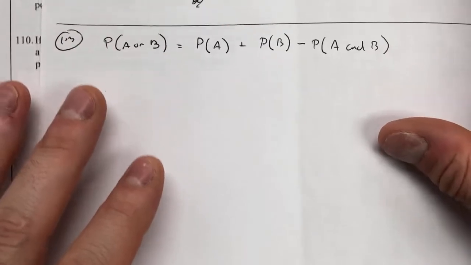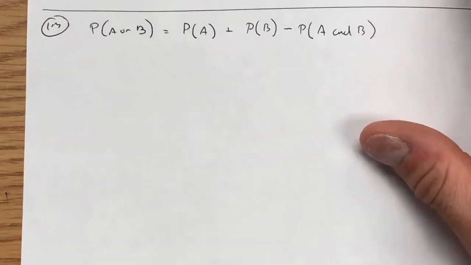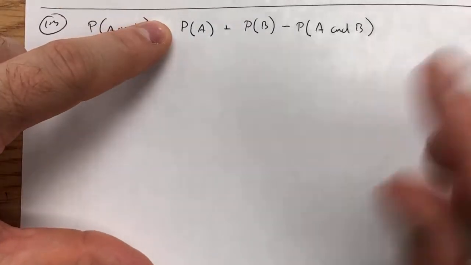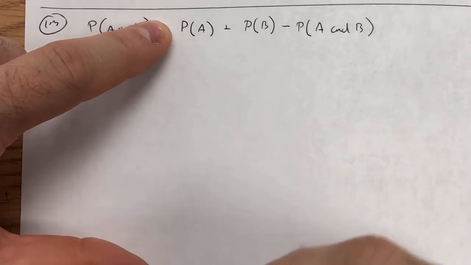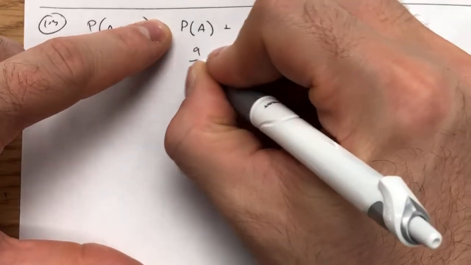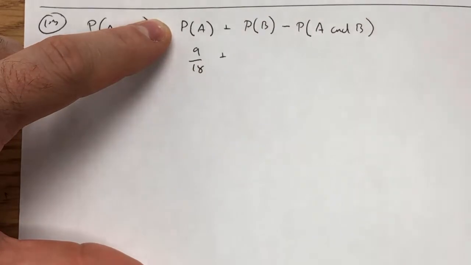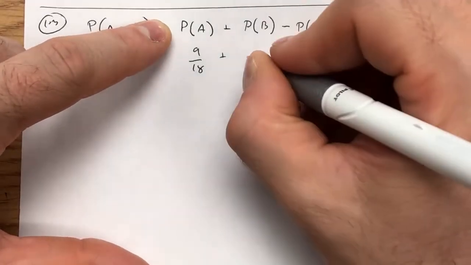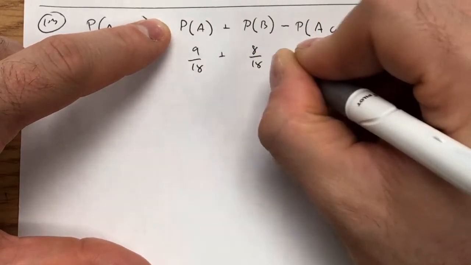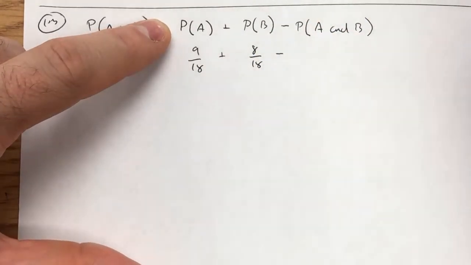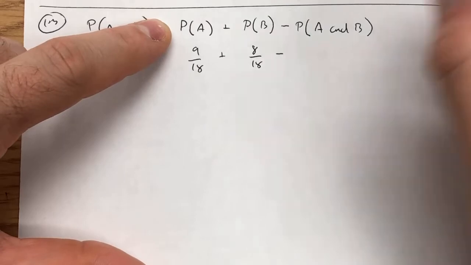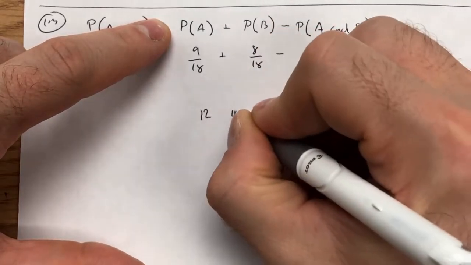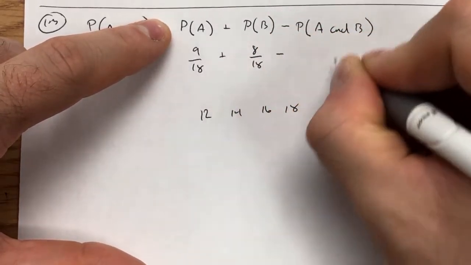Awesome. So let's see. With this one, the probability of A, which is an even number from 1 to 18, is 9 out of 18. The probability that the number is greater than 10, that would be 11 through 18, is 8 over 18, minus the probability of both even and greater than 10. So I'm going to start with 12, 14, 16, 18.